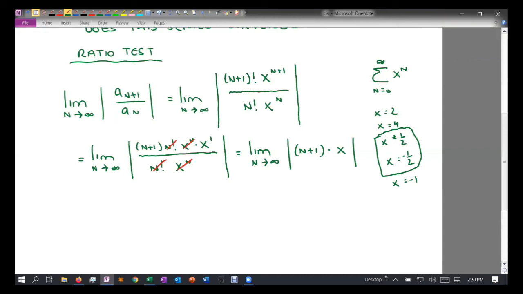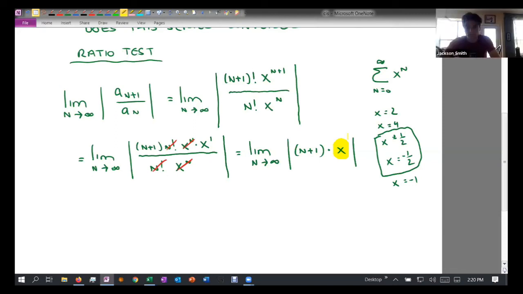So imagine right now that you were to fix this x. Fix it right now. It's a number, held as a constant. Take your limit now and tell me what happens. It goes to infinity, doesn't it? Yes, I agree, but there is one thing we could do to prevent it from going to infinity.